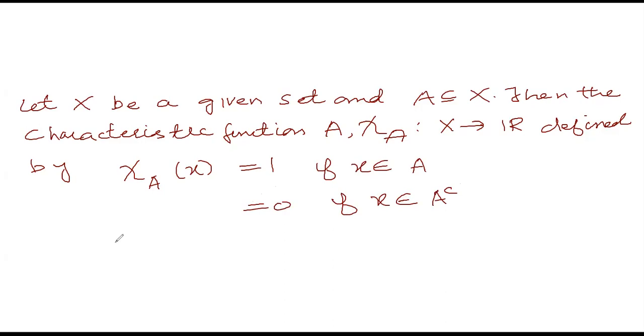The characteristic function chi of A is also called the indicator function of A.